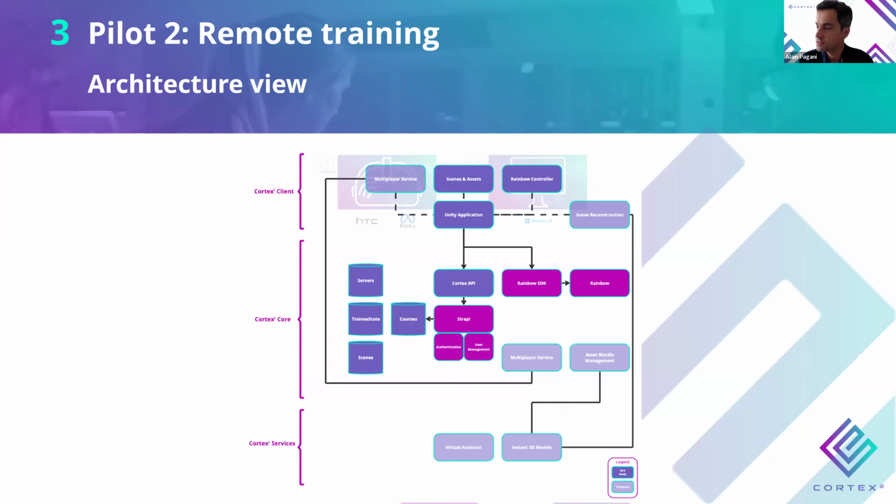Our scenes, the assets that are relevant for each application or each type of training, and the controllers for Rainbow. And on the services here, we have a virtual assistant that can also listen to what happens and provide automated answers. And these instant 3D models, because for certain trainings, you also need to scan rapidly an object or a scene in order to put it in the scenes of the trainees.